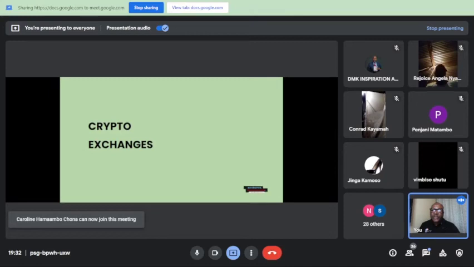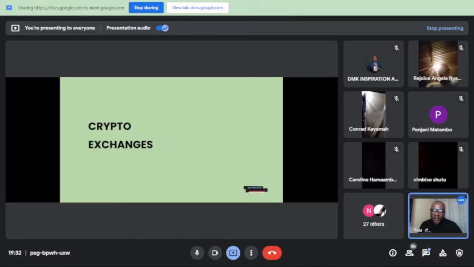So the other type of exchange that can allow you to get into crypto is decentralized exchanges, right? For a while, it was difficult for most people who had fiat to get in, because these exchanges are totally on the blockchain.